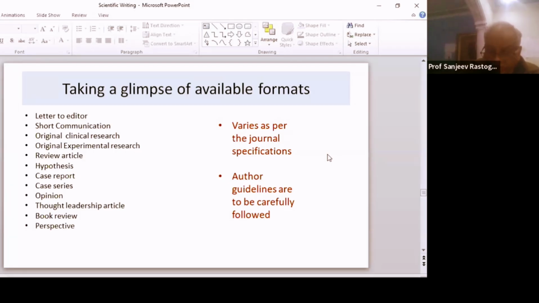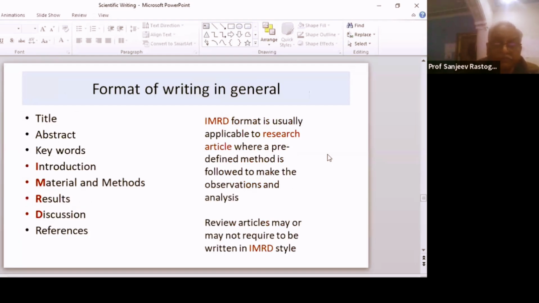So you need to stick to the specifications given by a particular journal. Just think about what you have in your mind and which format it fits. According to that format and the kind of journal where you are willing to submit, you need to finalize your manuscript.